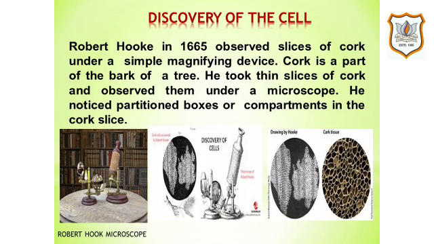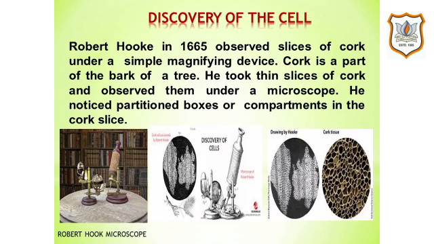He noticed partitioned boxes or compartments in the cork slice. Robert Hooke thought of these compartments as small rooms and called them cells. From this observation, Robert Hooke concluded that the cork is made up of tiny cells.